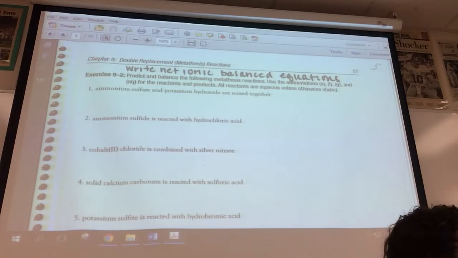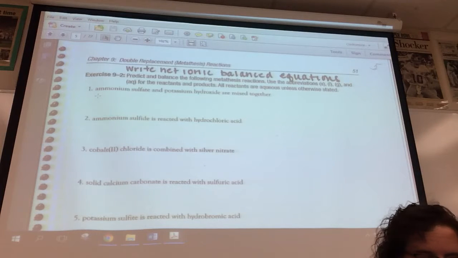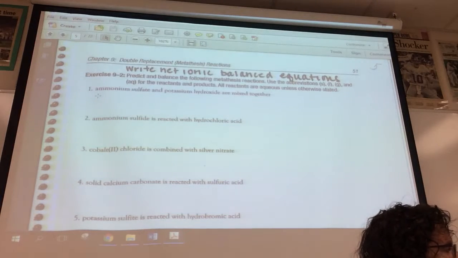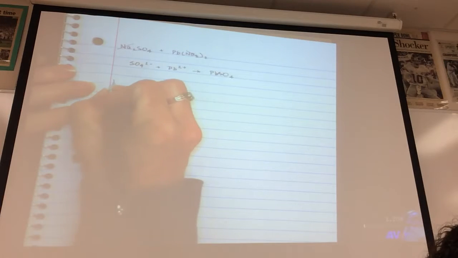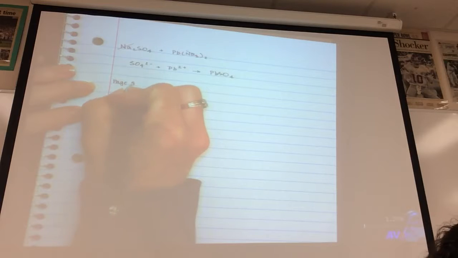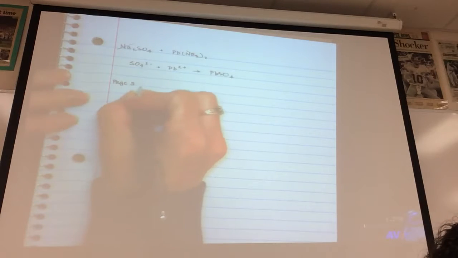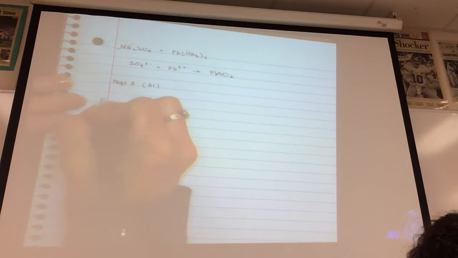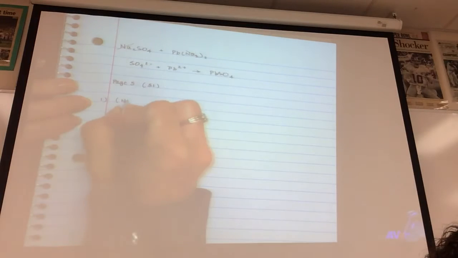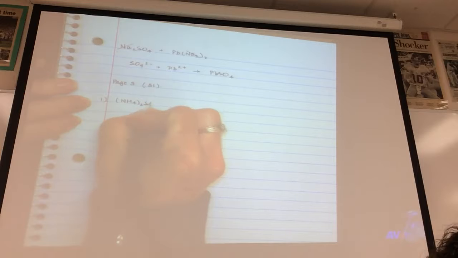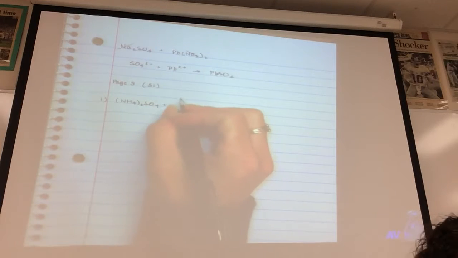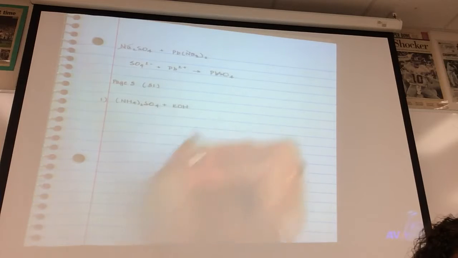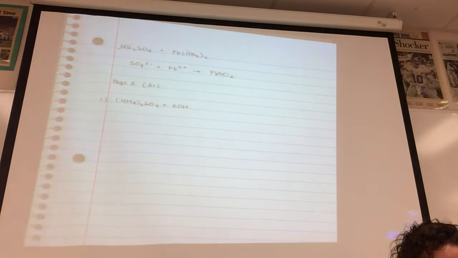Let's take a look at the first example to show you how to recognize this. It says ammonium sulfate and potassium hydroxide are mixed together. Again, it may not be obvious what to go for.